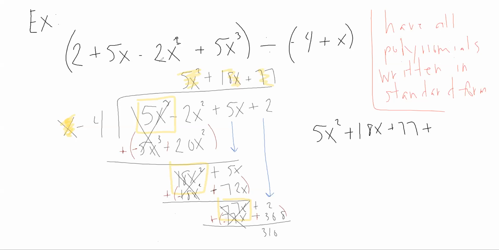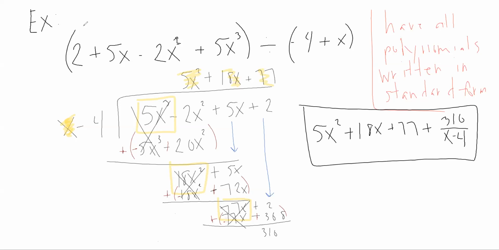Plus, my remainder is 310 over my divisor here, right? So I have to put that over x minus 4. So that is how you have to write your quotients, making sure to include your remainder. Okay.